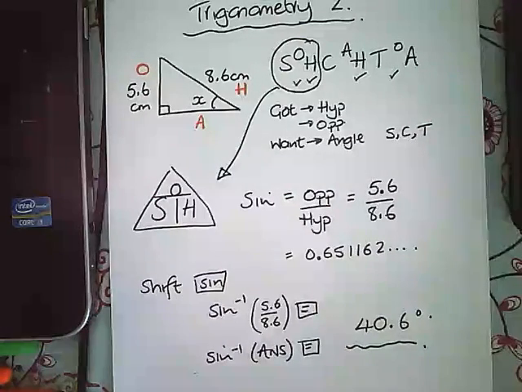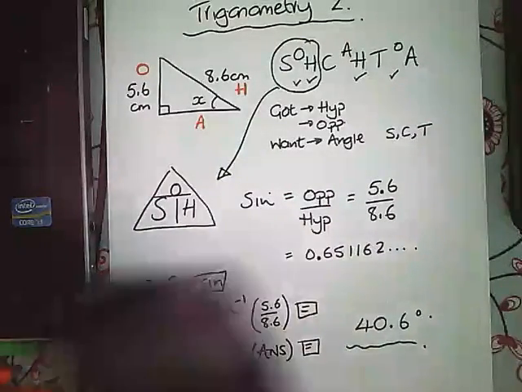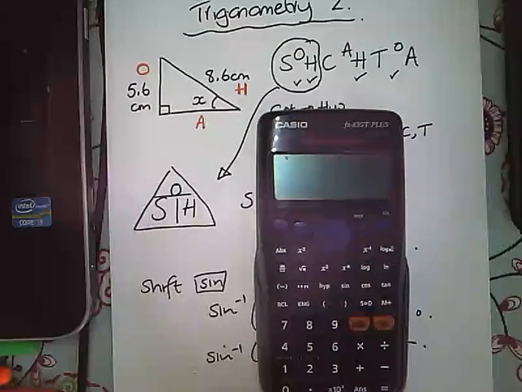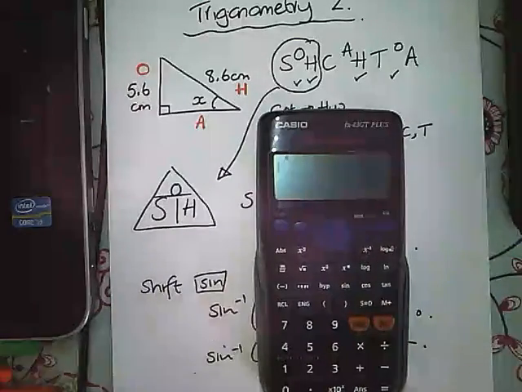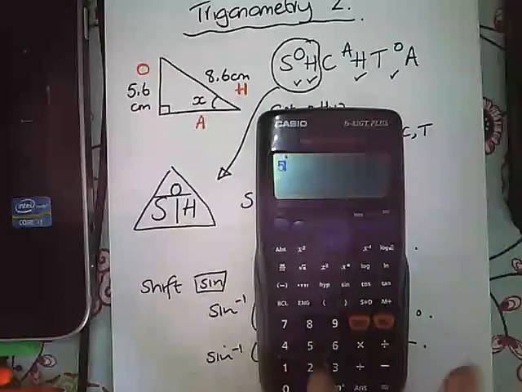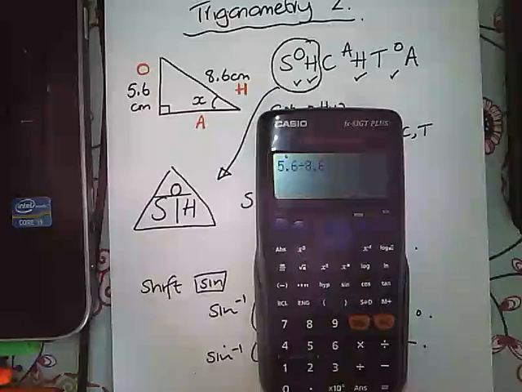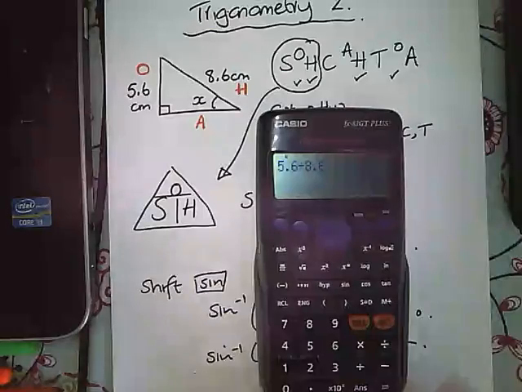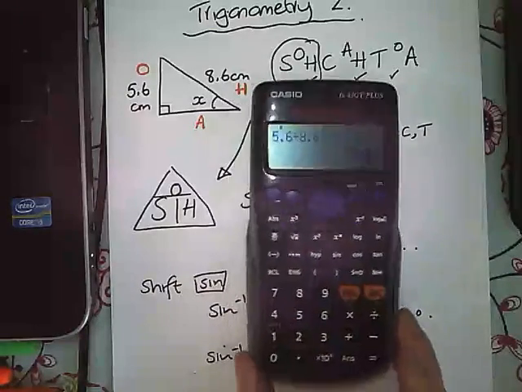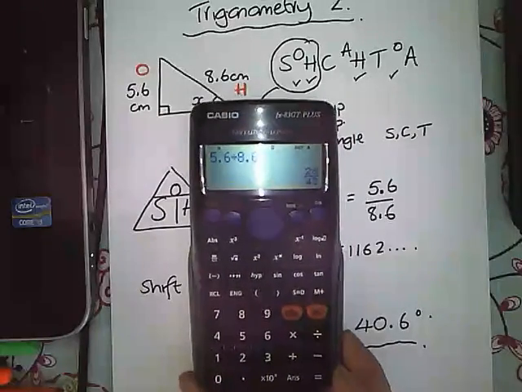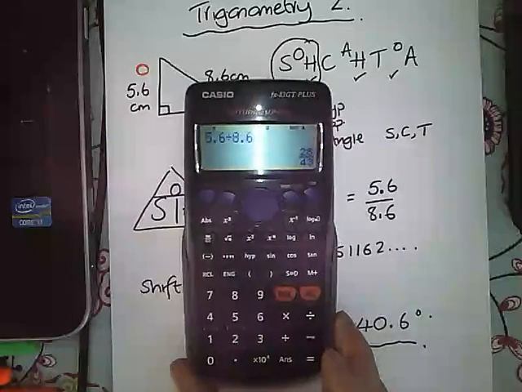So we've got 5.6 divided by 8.6. Okay, and that gives us this.